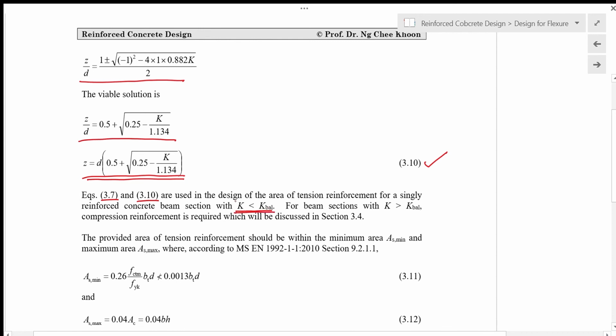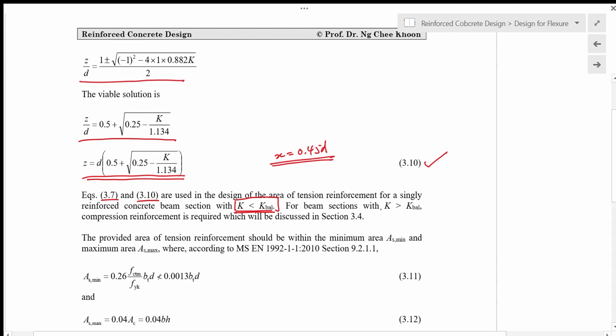So this is a very important criterion. When K is equal to K balance, then X equals 0.45 D. So that is the maximum neutral axis depth that is allowed in Eurocode 2 design.